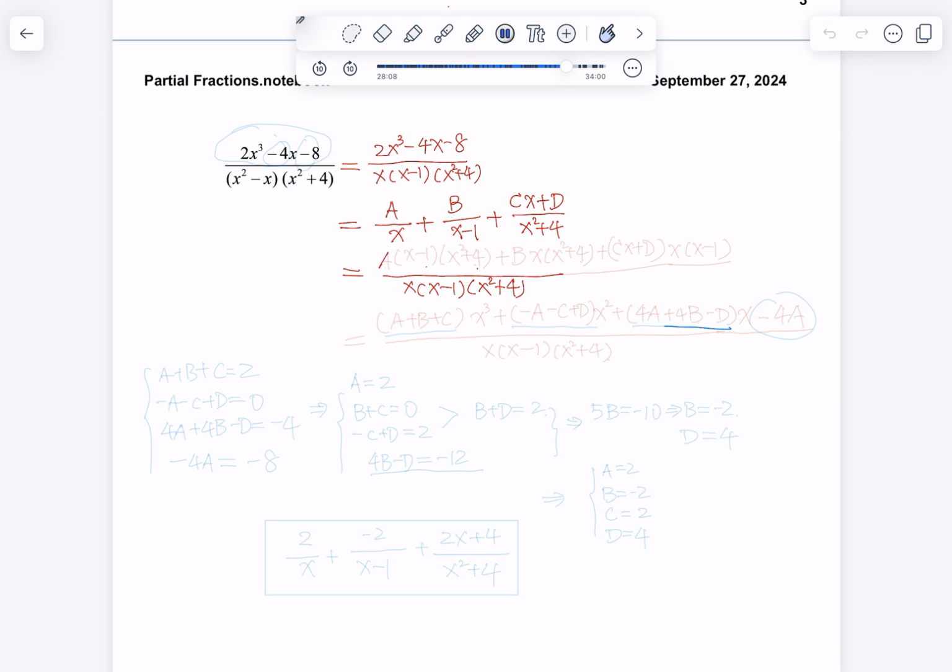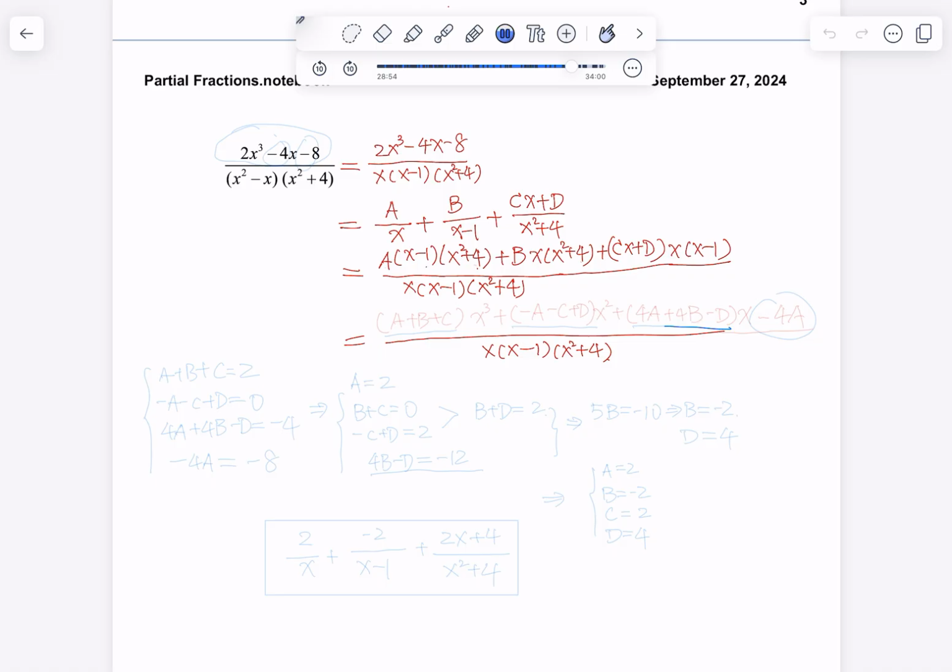When you do that, you will have A multiplied by x minus 1 times x squared plus 4, plus B times x squared plus 4, then plus Cx plus D times x minus 1. Now let's simplify the numerator. We simply copy down the denominator.